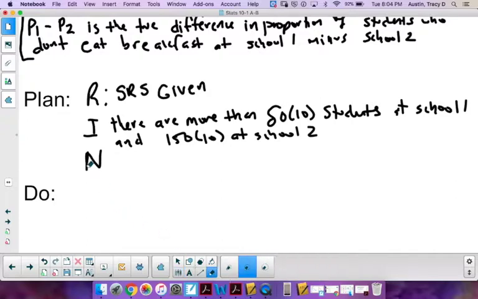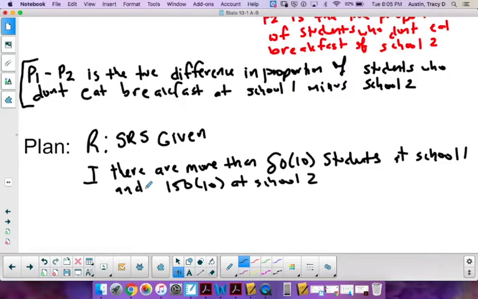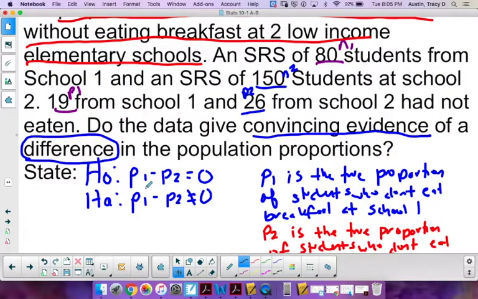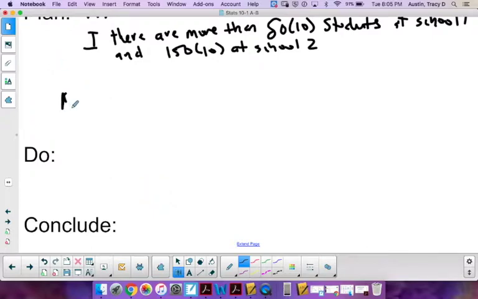Okay, normal. We're going to have to check all 4 of them, successes and failures. So from the first one, 19 out of 80. For our normal, 19 is greater than or equal to 10. And then 80 minus 19 would be 61, greater than or equal to 10. That's at school 1.